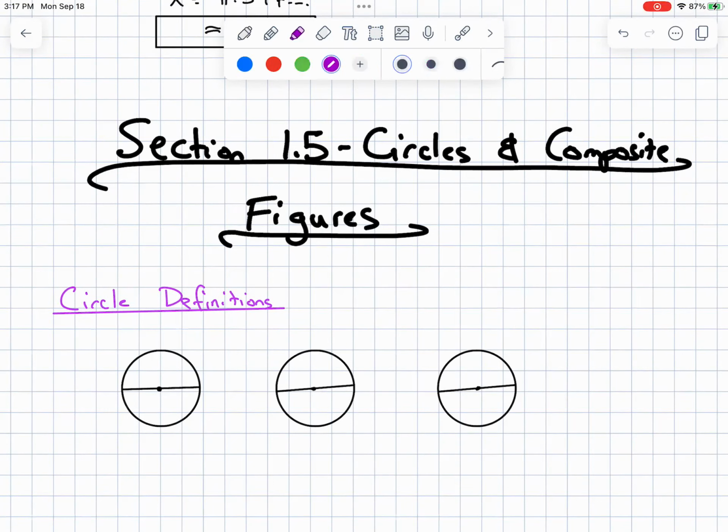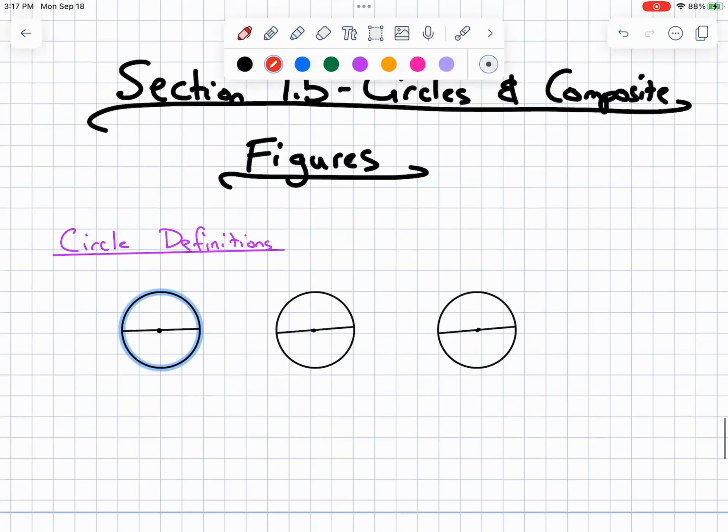So for the first one, the distance all the way around the circle, this distance right here, that is called the circumference. And that is the perimeter of the circle. The circumference.